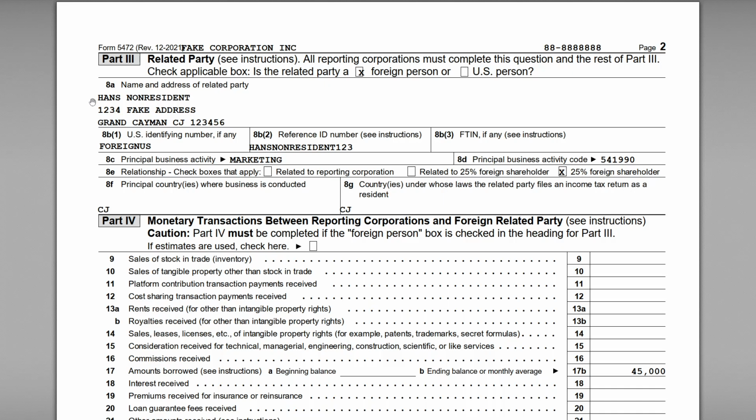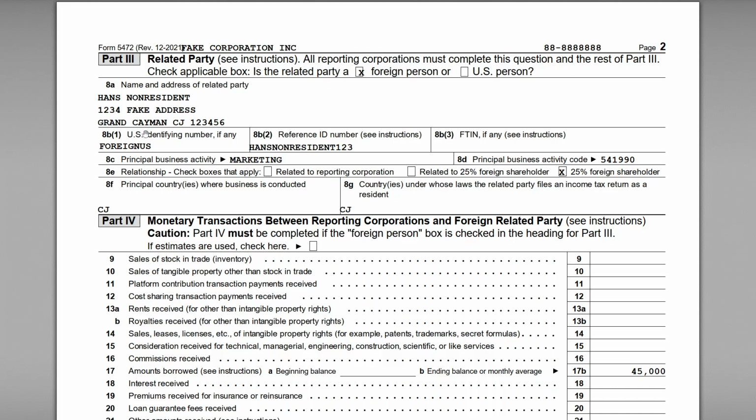So if we look at the attribution rules, if Hans had a separate company that he owned, then we could argue that, well, that company is related to the 25% foreign shareholder, and there's commerce going on between that other company and this U.S. domestic corp. Or we have a simple relationship where we have another company that is simply related to the reporting corporation itself.